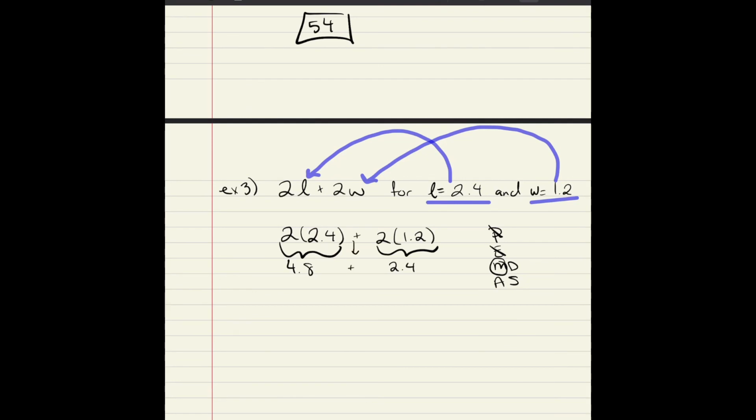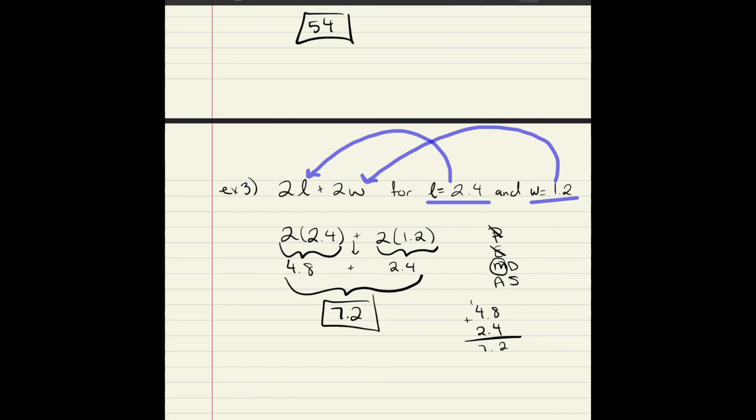Bring my addition sign down. So 4.8 plus 2.4. Remember when you're adding decimals, you just need to line up the decimals. So 8 plus 4 is 12, carry the 1. 4 plus 2 is 6, plus 1 is 7. Bring my decimal down. So 7.2 is our answer.